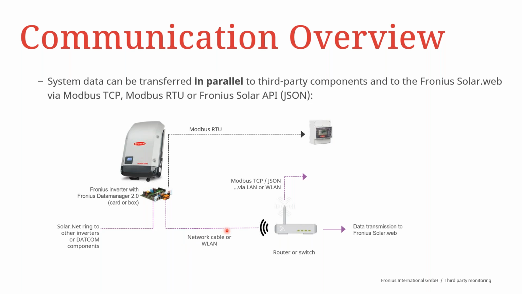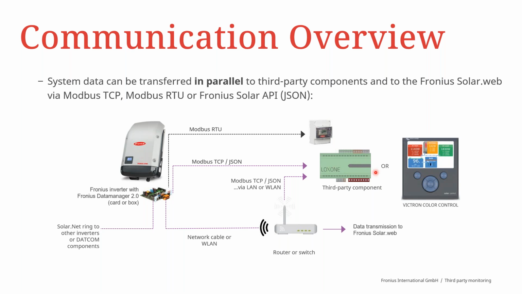And then it is possible to communicate either via LAN or wireless LAN. Wireless LAN is, of course, known as Wi-Fi. With that, you can communicate with a router or switch. And it is also possible to communicate via the same TCP port with the Loxone or a third-party component, using the Loxone in this case as an example.